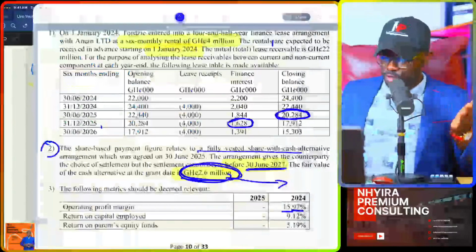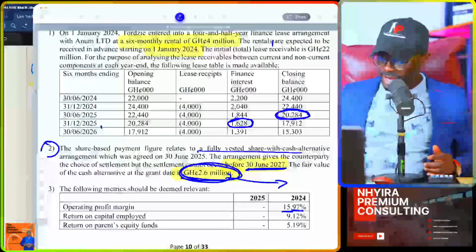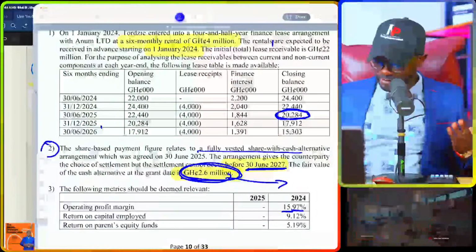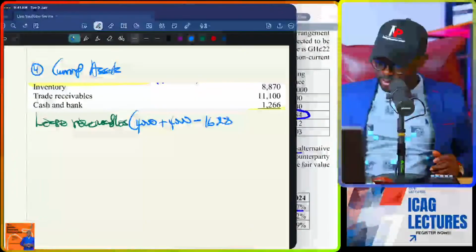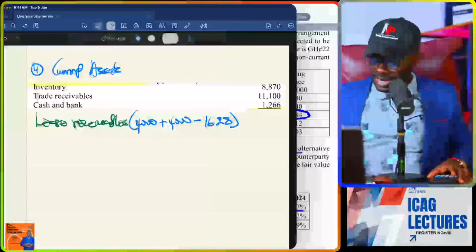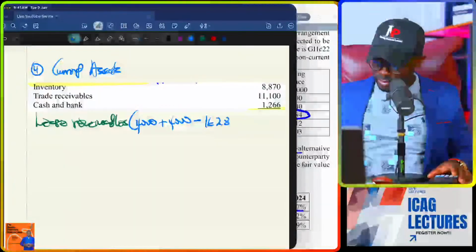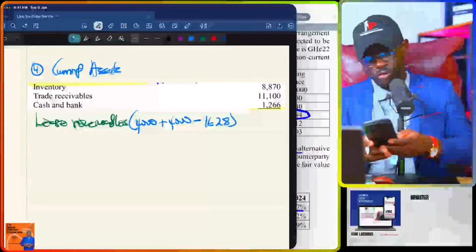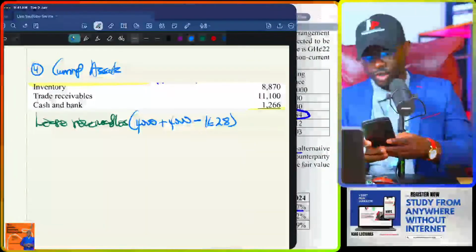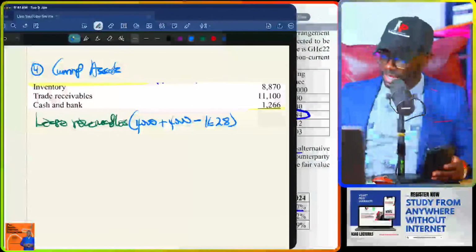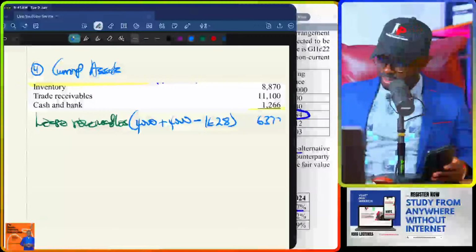So we need to subtract the effect of that, which is 1628. So 8,000 minus 1628 is 6372.